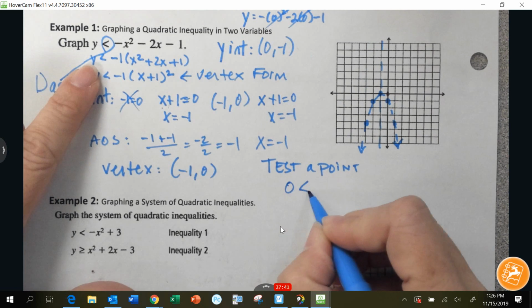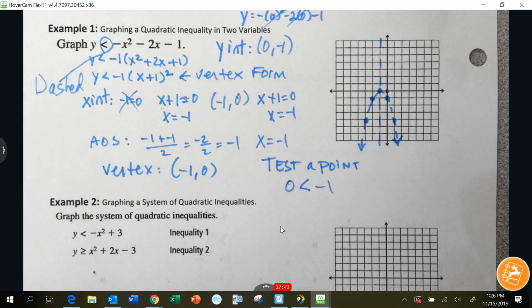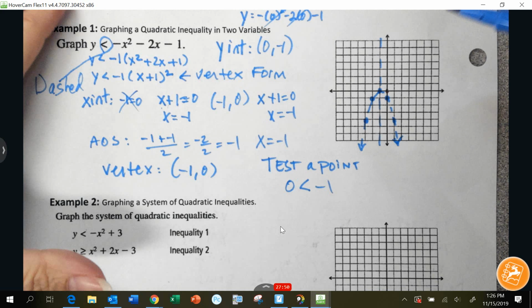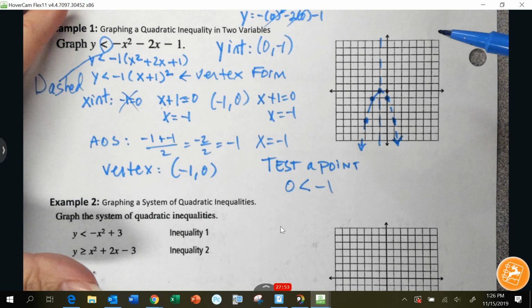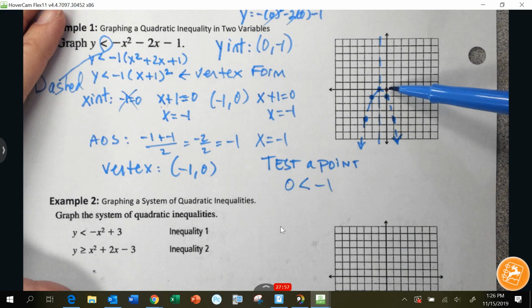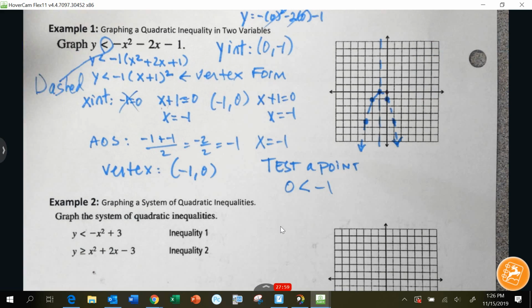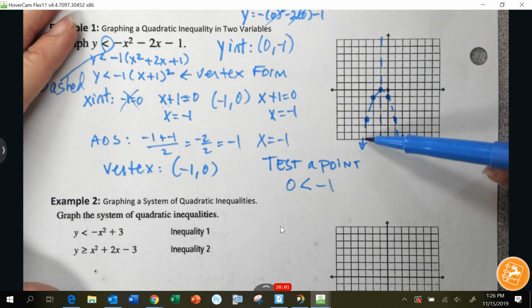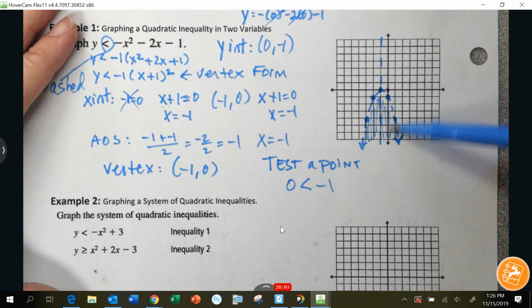So less than -1. Is that true? No. All right, so that means 0, 0 does not get shaded. So where am I going to shade this? Inside of the parabola.